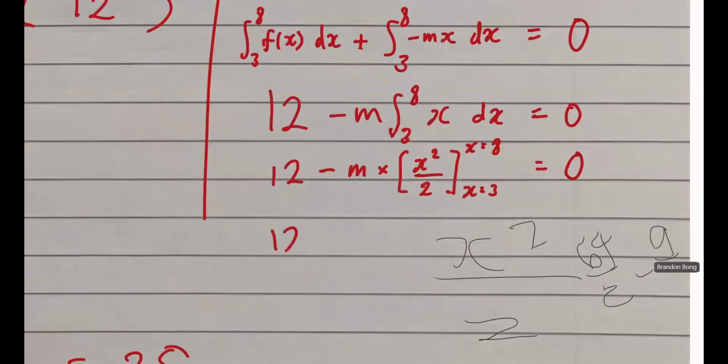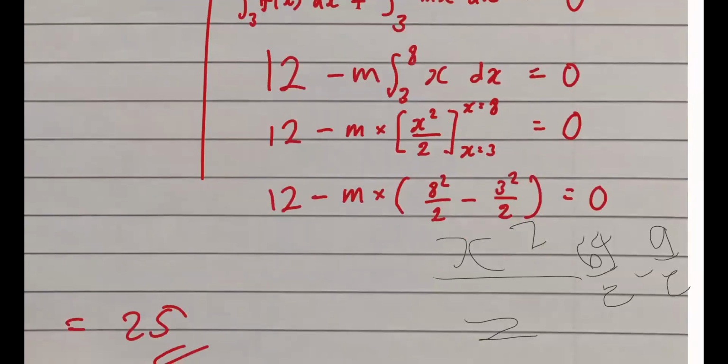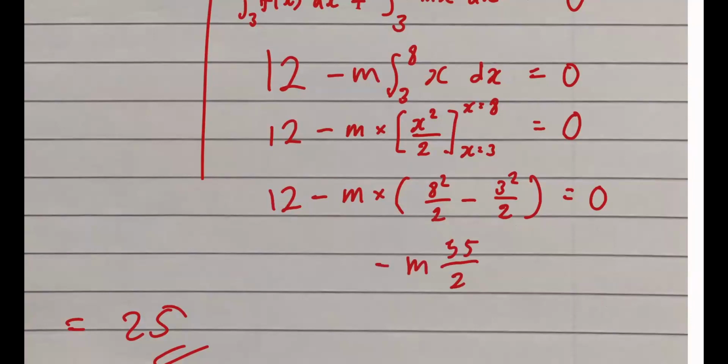Then next line, 12 minus m times [8 squared over 2 minus 3 squared over 2] equals 0. 64 over 2 minus 9 over 2 is 55 over 2 here. There's a negative m in front.